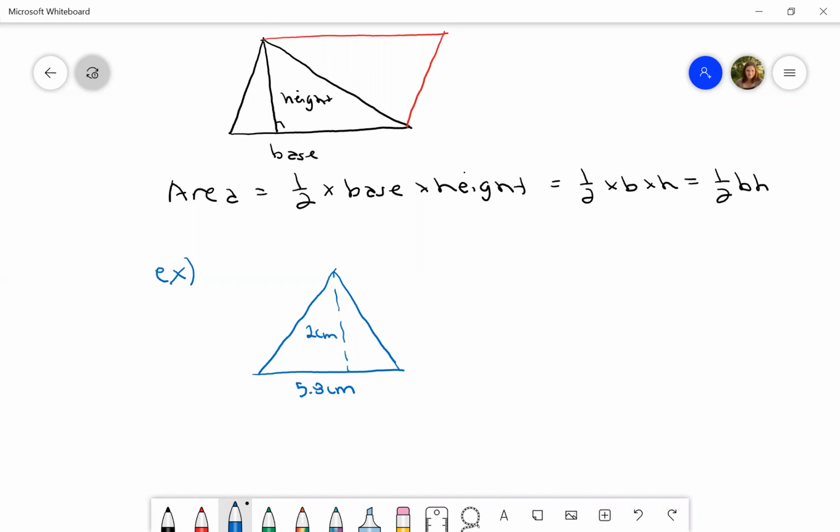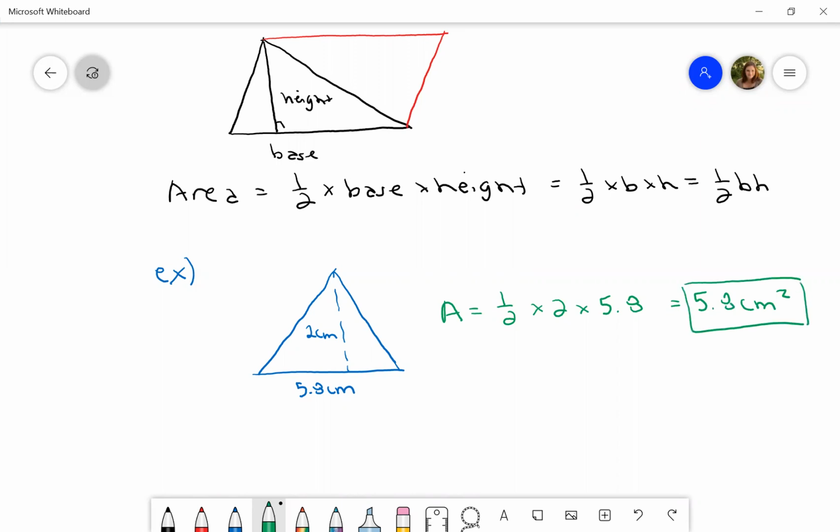Clearly not drawn to scale. All right, so this triangle's area here, and I'm just going to do A for area instead of writing out the word, is 1/2 times 2 times 5.8. Well, actually 1/2 times 2 works out really nicely. That's just 1. So this comes out to 5.8. And we want to write centimeters squared. Do not forget the units.